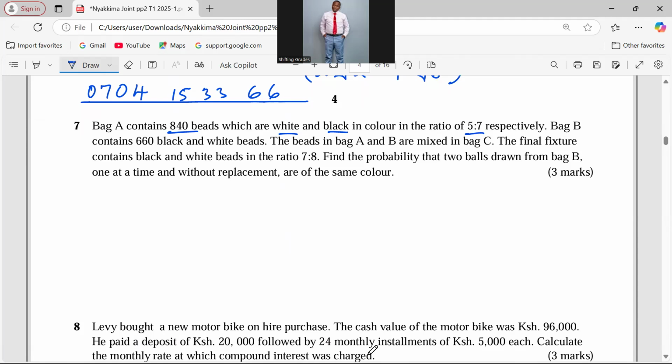Bag B is another bag now, contains 660 black and white. They are also black and white again.